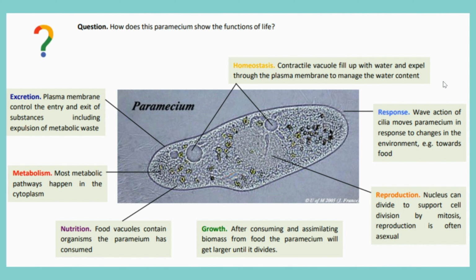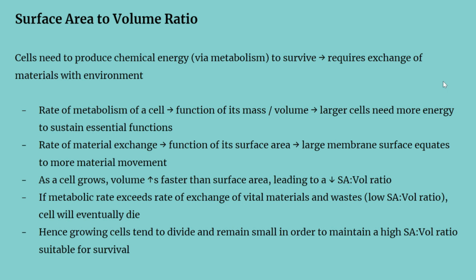Reproduction takes place through binary fission, because this is a unicellular organism, so no need for sexual reproduction. So mitosis or often binary fission, which is asexual. Metabolism, where it takes place, excretion, where it takes place. You need to know how to label this to show how paramecium shows the functions of life, which are the seven functions as mentioned before.